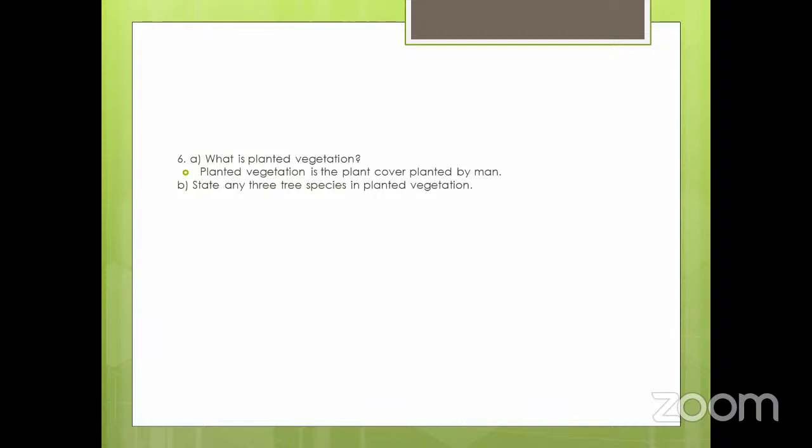Name any three tree species in planted vegetation. The word is species. Can you read that question again? Name any three tree species in planted vegetation. Yes, just as we mentioned the other ones in natural vegetation. Can we identify these tree species?